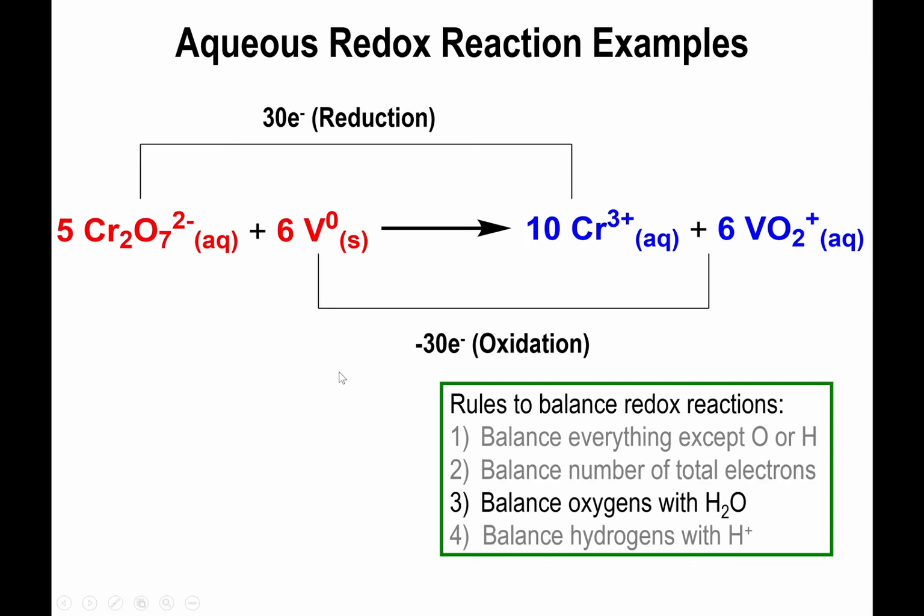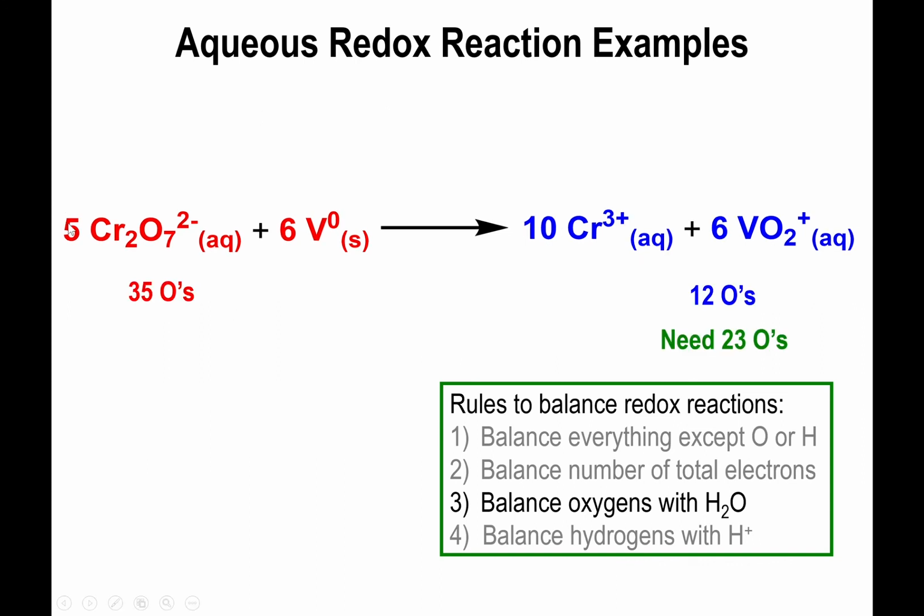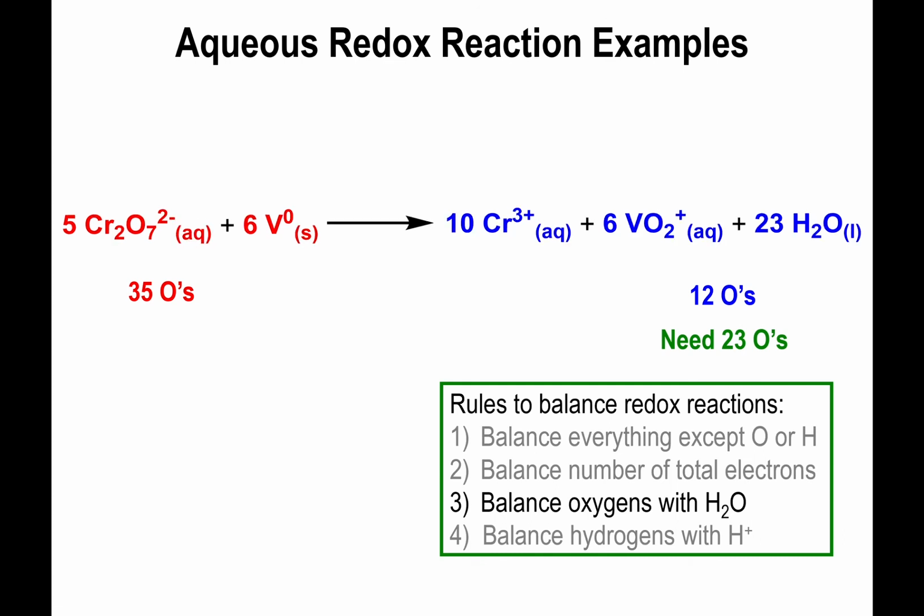Now we're ready to look at the oxygens. If you look carefully, you'll find out that 5 times 7 gives us 35 oxygens on the left side. 6 times 2 yields 12 oxygens on the right side, meaning that we're missing 23 oxygens on the right side of the equation. So we literally add 23 waters to account for the discrepancy.